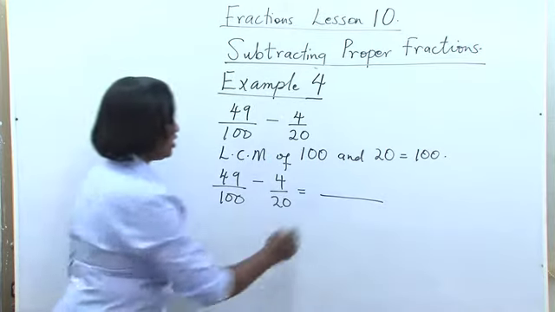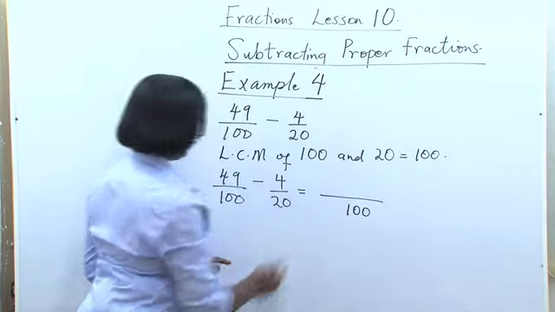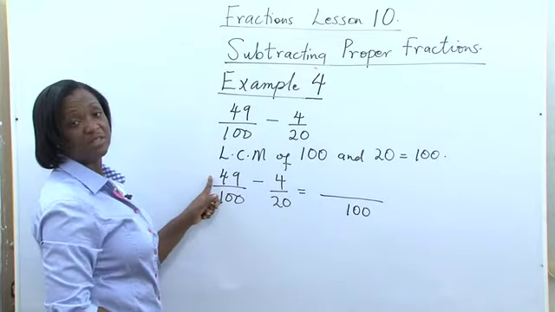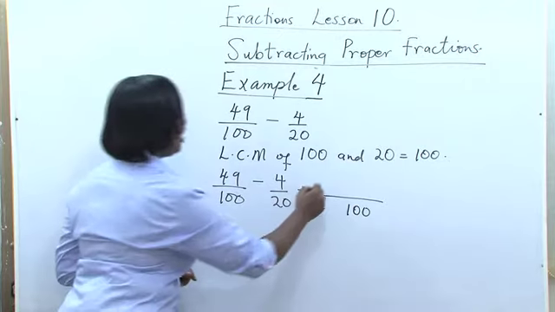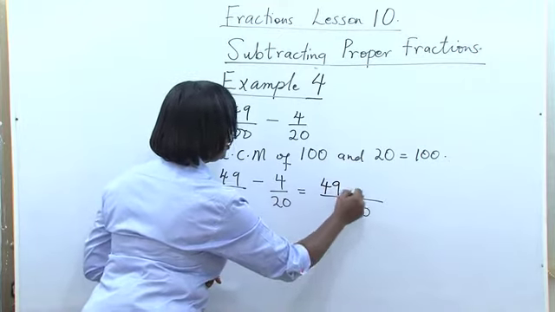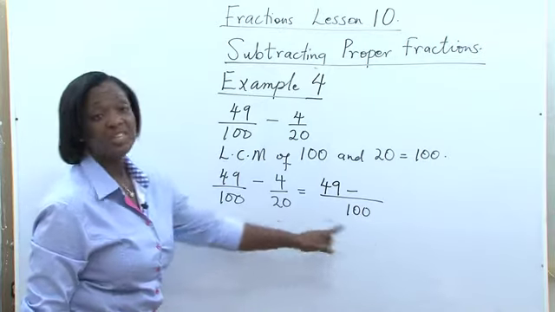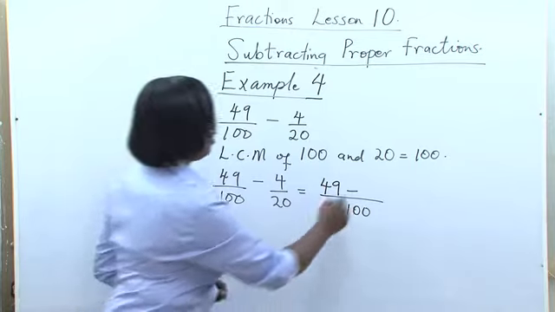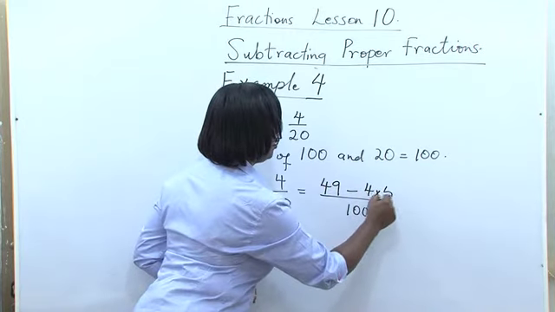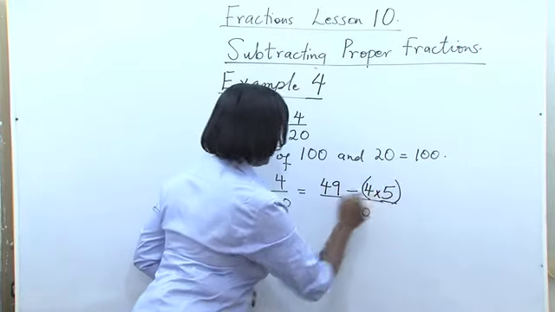The 49 remains the same because 100 into 100 is 1. And 1 times 49 is 49. And we take away, 20 into 100 is 5. 5 times 4 is 20.